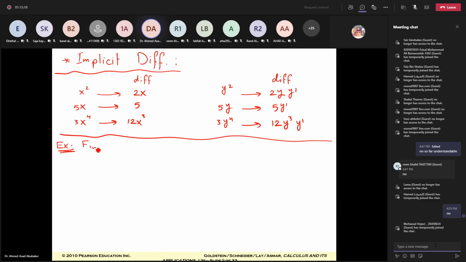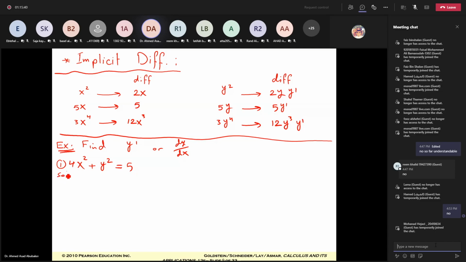Okay. Now, example: find the y prime or dy over dx. This is the same value. 4x squared plus y squared equal 5.